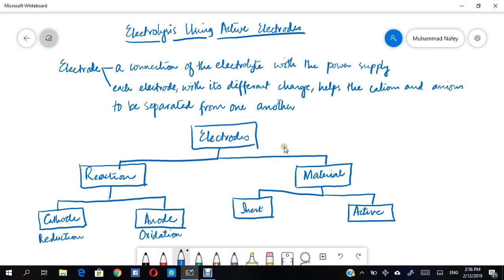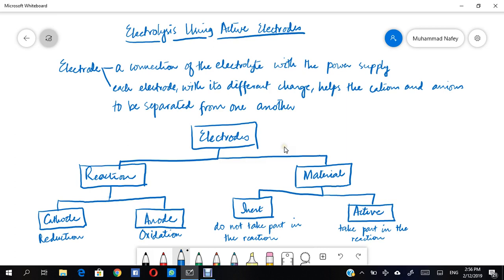Inert electrodes do not take part in the reaction themselves, whereas active electrodes do take part in the reaction themselves. And why is that so? It's basically because of the material with which the electrode is made. So when will an electrode be called an active electrode?